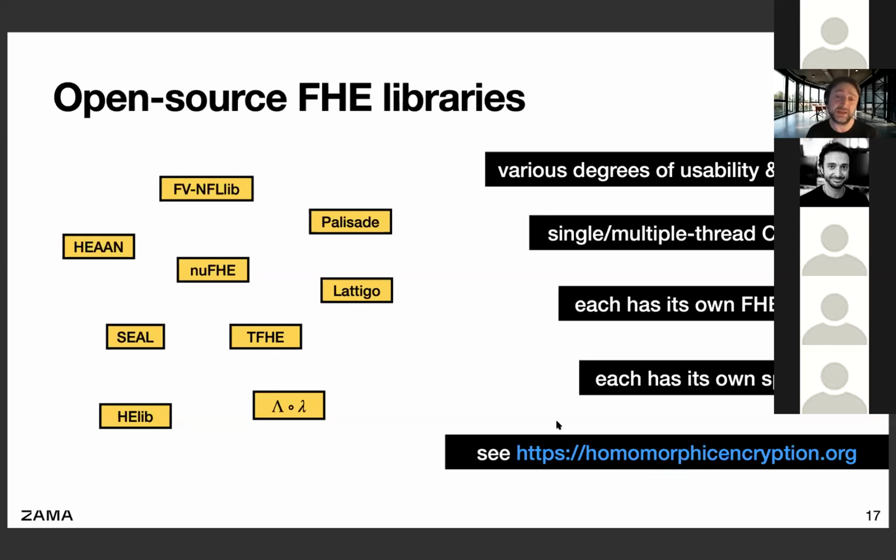And there is this initiative, homomorphicencryption.org, if you're interested, that tries to put together a common API for all these libraries, so that we have some kind of interoperability in representing homomorphic code in a sense.